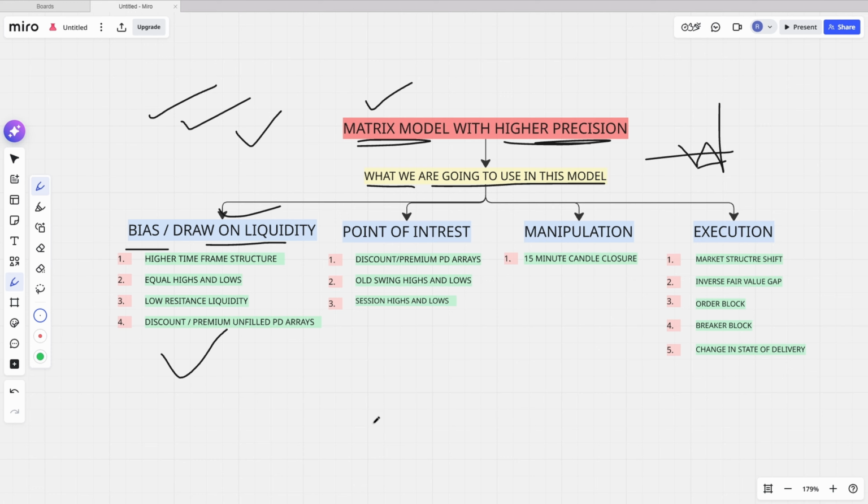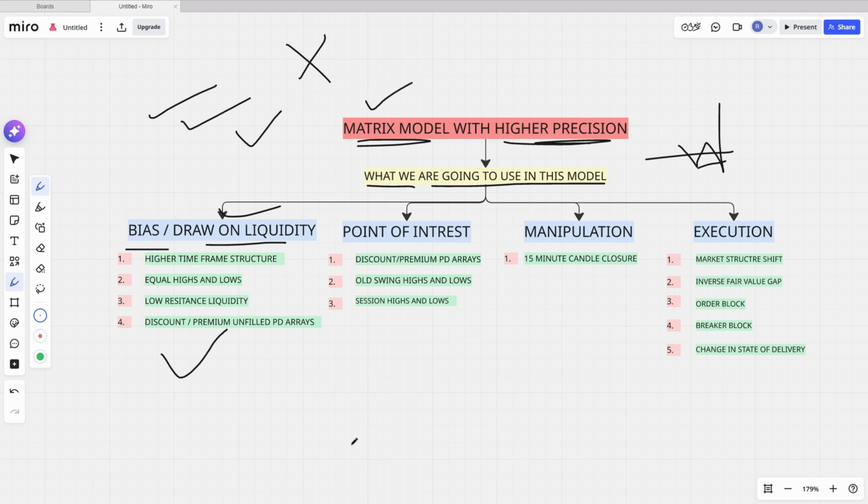Before we go any further, it is important to set the right expectations. In this video, I am not claiming that this model will always give you extremely large targets, and I am not saying that you will find this setup every single day. The purpose of this model is not to trade frequently, but to trade selectively, with clarity, structure, and confirmation.